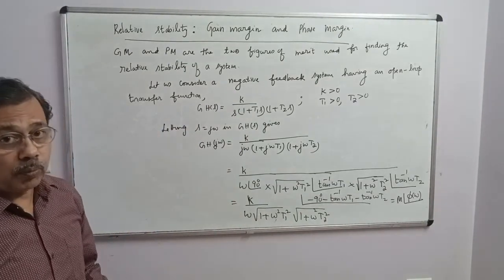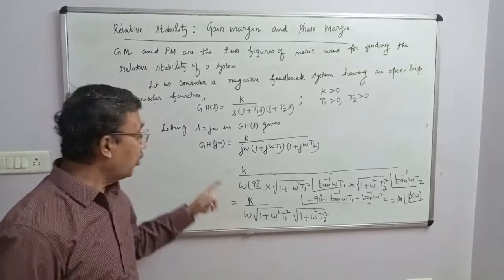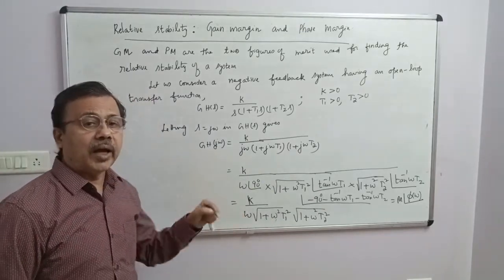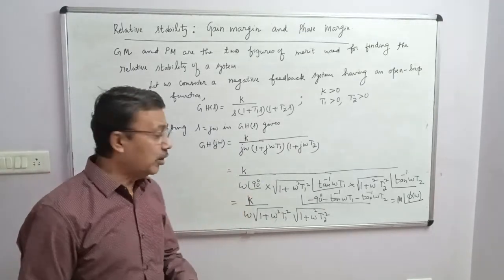I want to sketch the polar plot, that is the variation of GH of j omega as omega is varied from 0 to infinity.